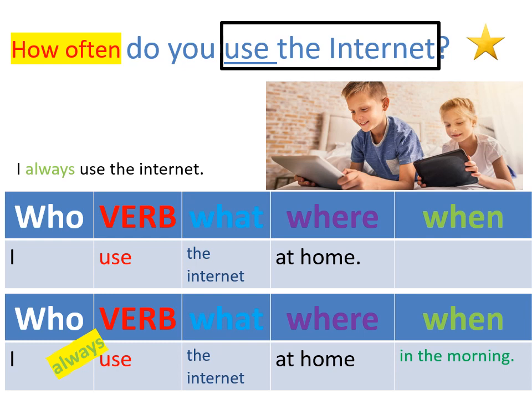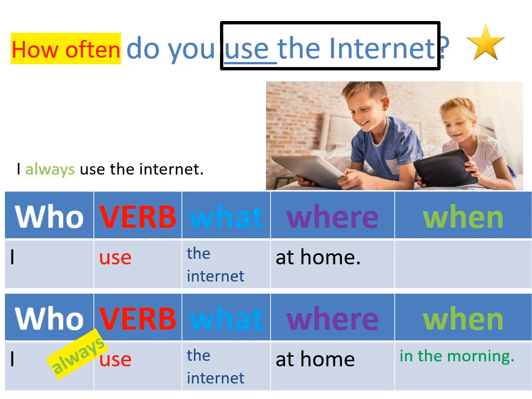So how did I write that sentence? Well, I wrote a simple yes answer. Yes, I use the internet at home. And remember, I just put the how often word always in front of the verb use.